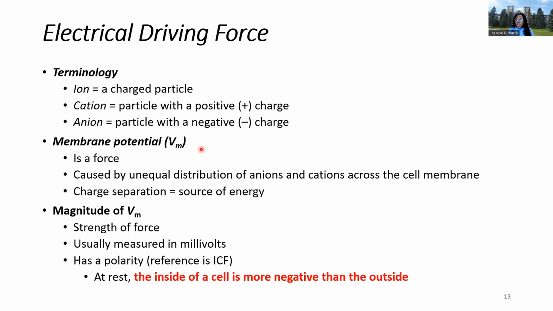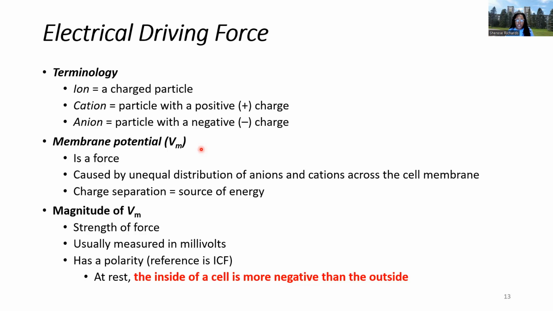So a positively charged particle like sodium is going to want to get to the negative environment that exists on the inside of the cell. A negatively charged ion like chloride is going to want to get to the positive environment that's existing on the outside of the cell. So that polarity is what we describe as being the strength of the membrane potential.